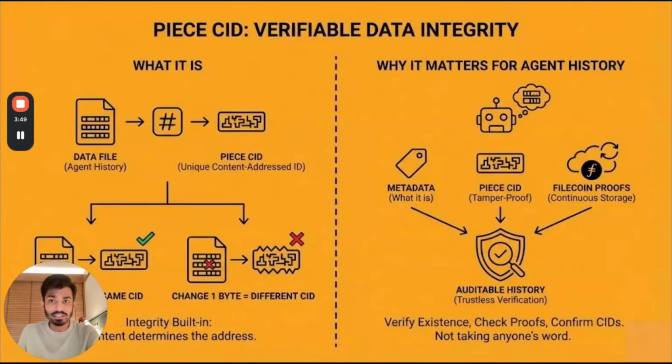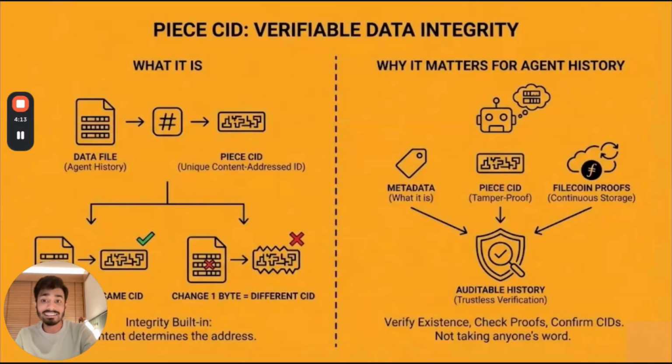With every piece, you actually get a PieceCID when you upload it. This is Filecoin's content-addressed identifier. It's computed directly from your data, so, like we have mentioned, even if you change a single byte, everything changes. You get a completely different identifier if anything in the data changes.